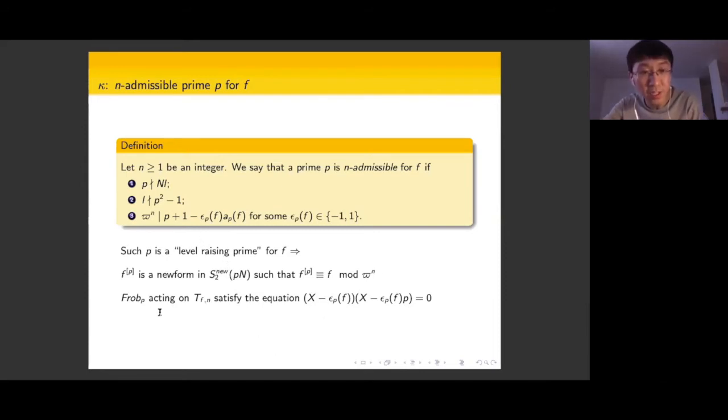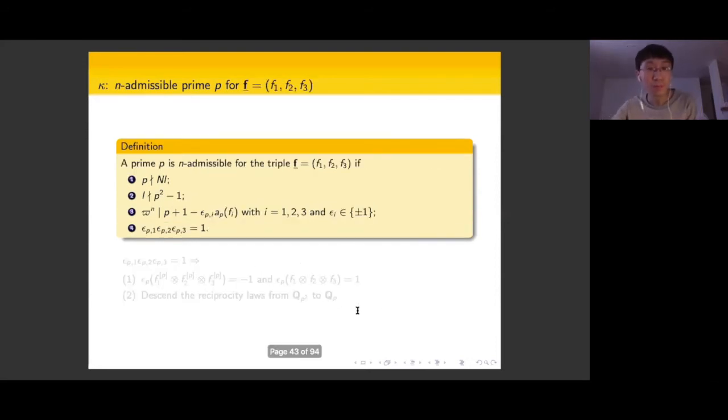In this case, the third condition tells you the Frobenius acting on this Galois representation has eigenvalues epsilon_p and epsilon_p times p. So the two Frobenius eigenvalues for this mod pi^n Galois representation are epsilon_p and epsilon_p times p, and by the second condition, they're distinct. Okay.